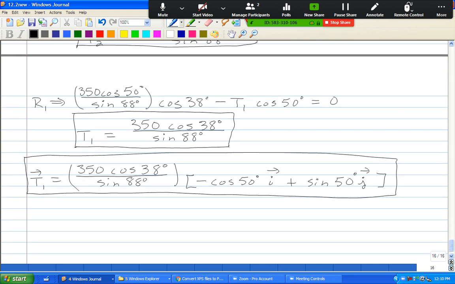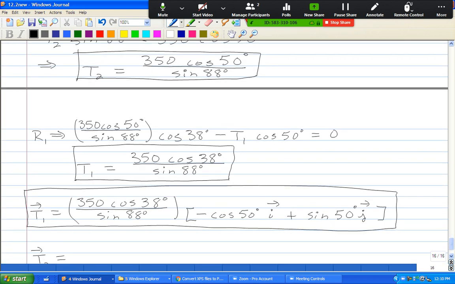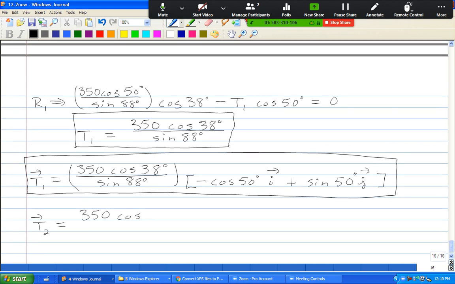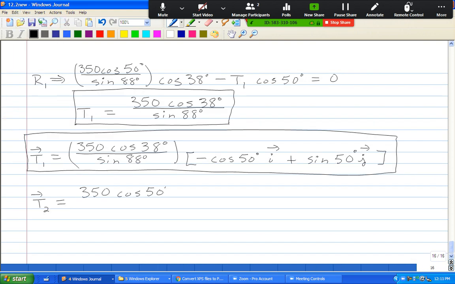The vector T2 is just T2, which was this, 350 cosine of 50 degrees over sine of 88 degrees, times cosine of 38 degrees in the I direction plus sine of 38 degrees in the J direction.